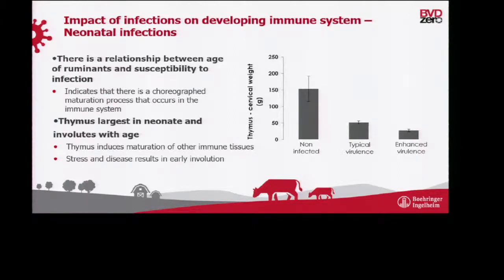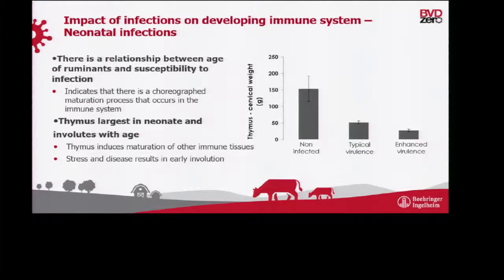The thymus is there in quite a large amount in neonates, and it naturally involutes with age. But stress and exposure to viruses result in early involution of the thymus. You start losing the thymus, and whatever function the thymus was supposed to do, it's doing it on less thymus then. In particular, pestivirus infection in the neonatal stage of life: this is the thymus size on a non-infected animal.